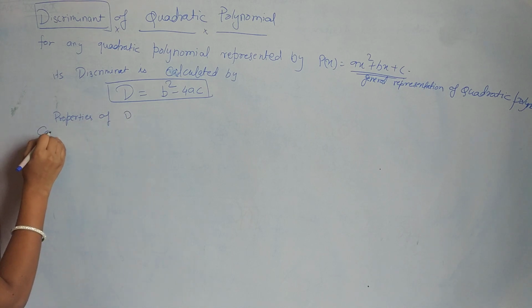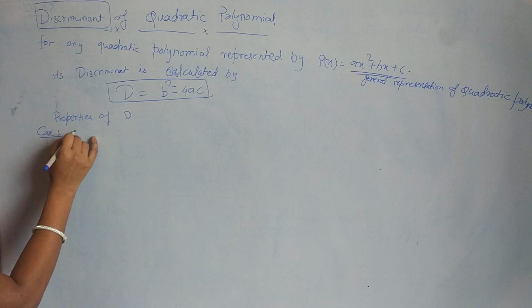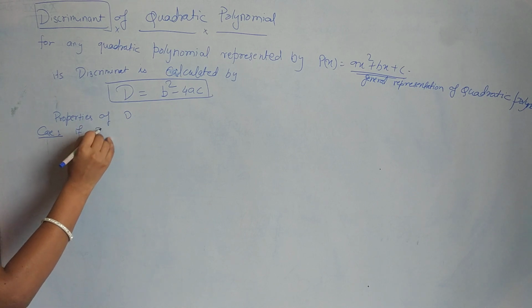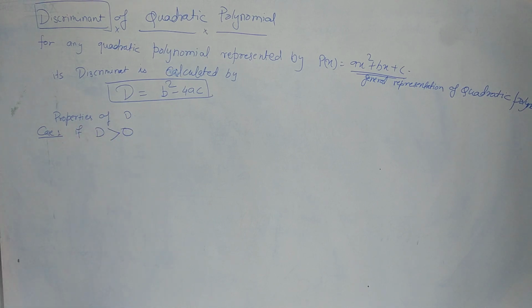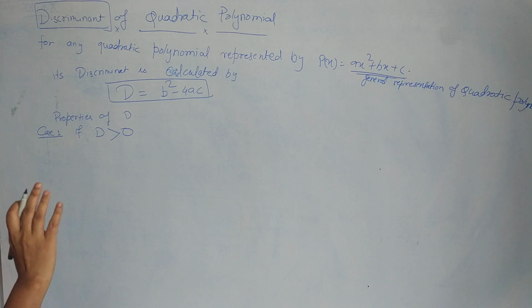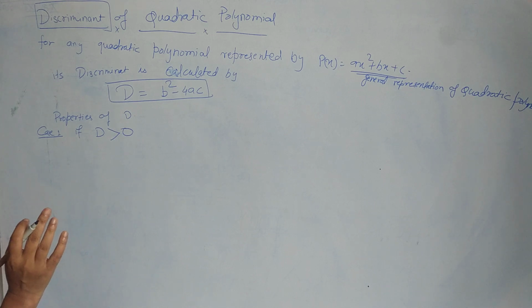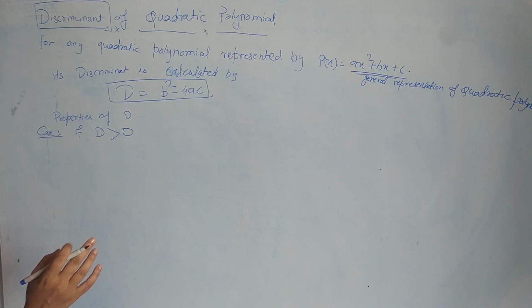So, I can say case 1, if D is greater than 0. We are talking about the graphs only. We have discussed the graph of polynomial, so now again we are talking about the graph only.